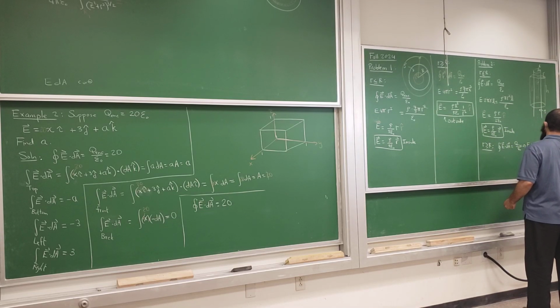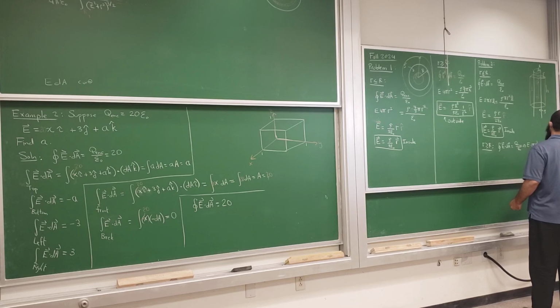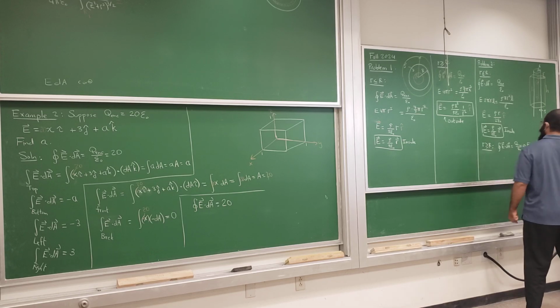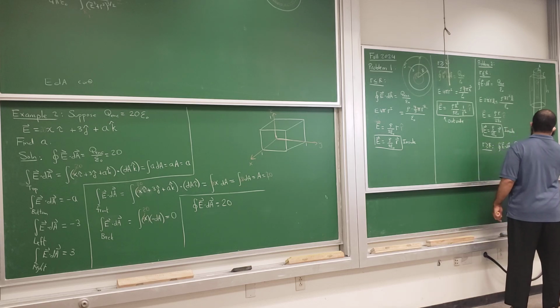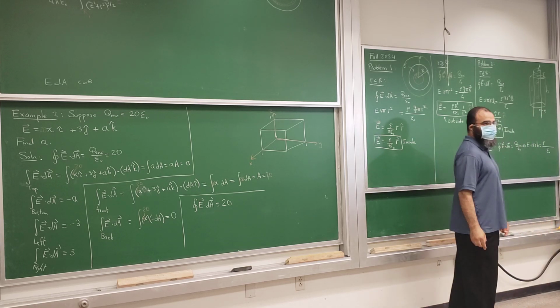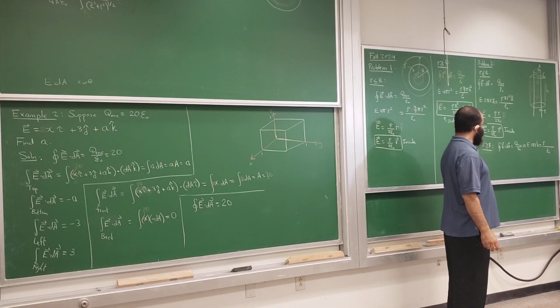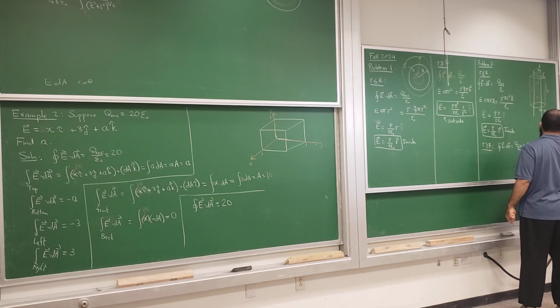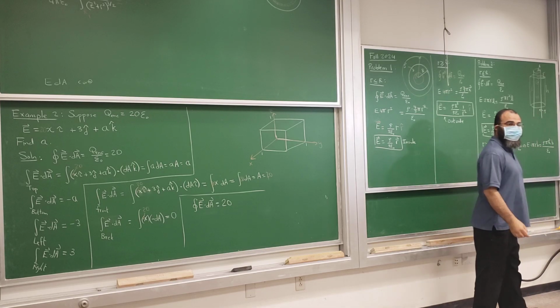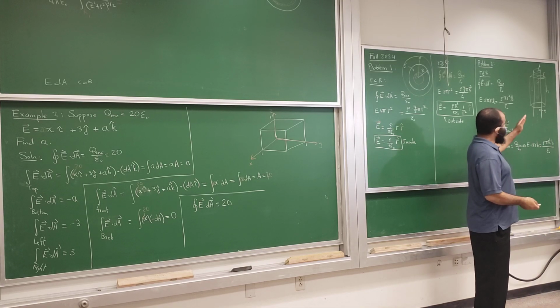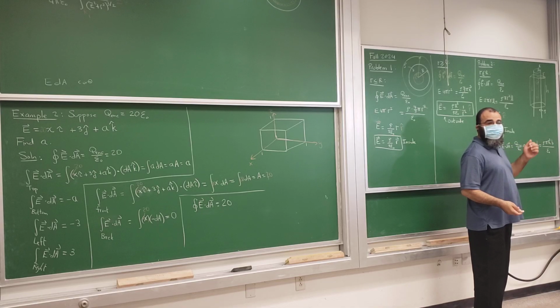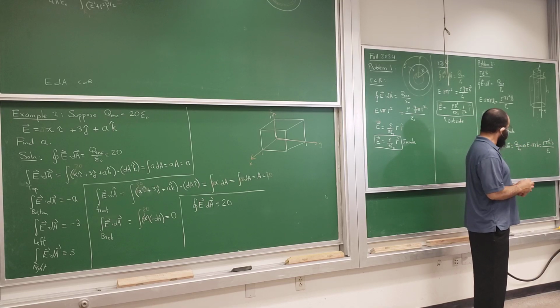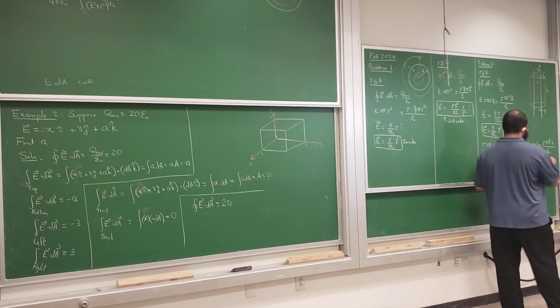E times 2 pi r H. On the right side, you enclose over epsilon naught, you get rho times the volume. What's the volume? It should be pi R squared H. When you say R, which R? Capital R, because that's where the charges are enclosed. When little r is beyond capital R, there is no charge there. That's it.